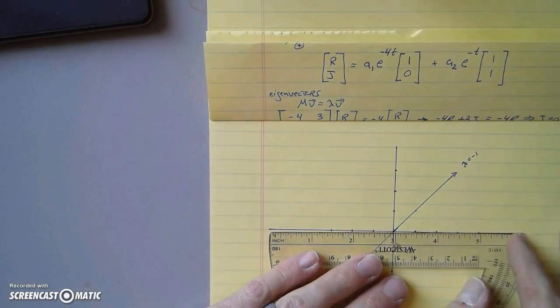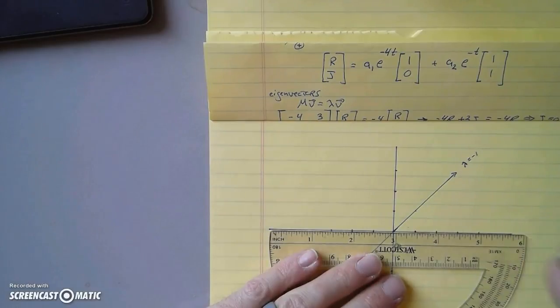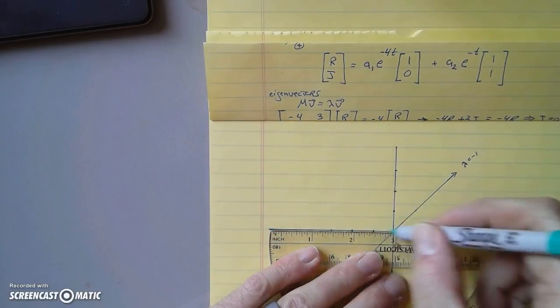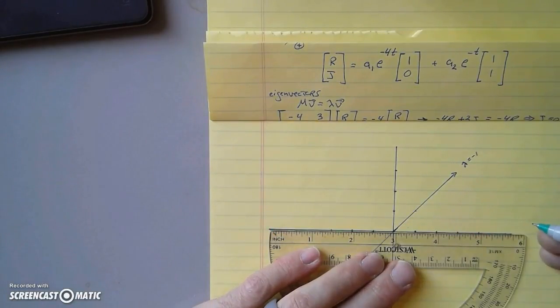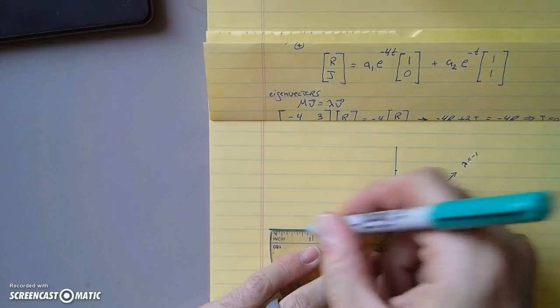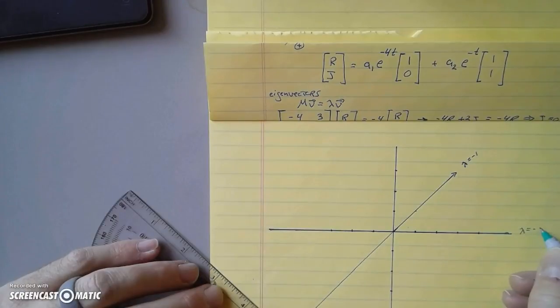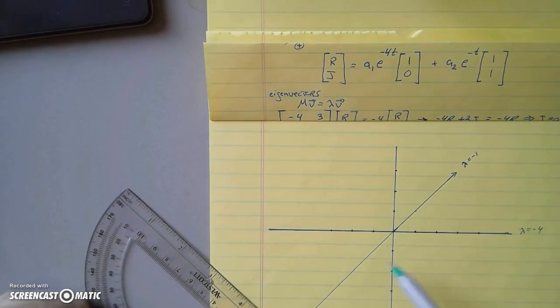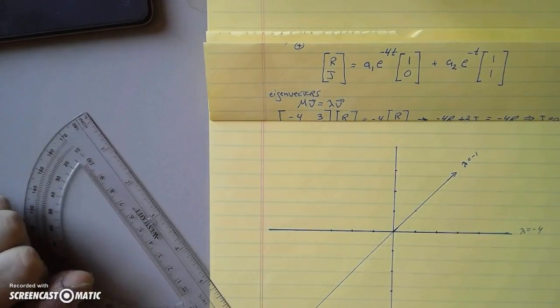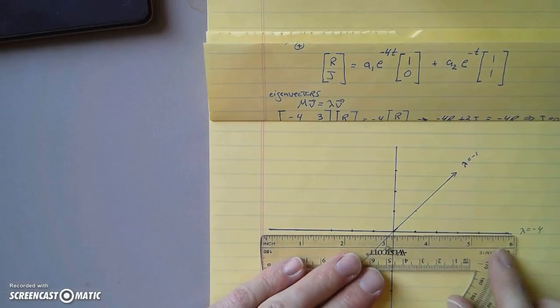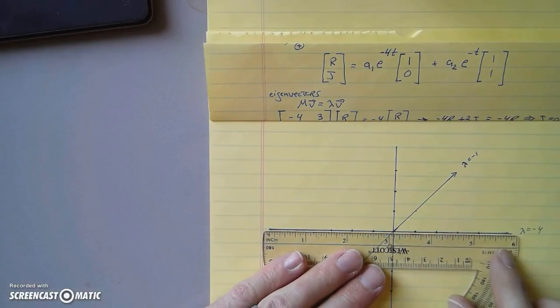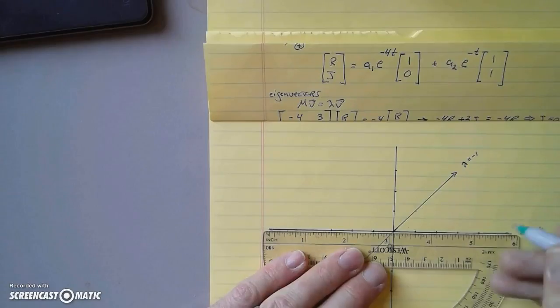And that's i hat, essentially. So right, this corresponds to lambda equals -4. So these are our two directions. And let's start by analyzing them.